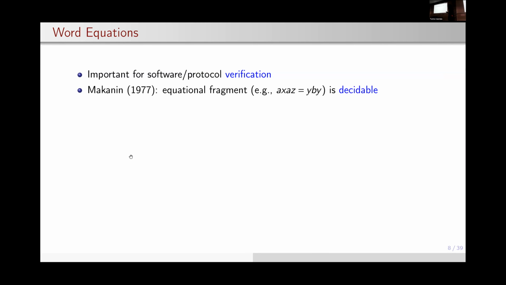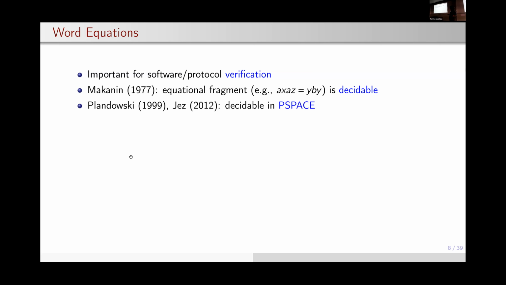All right, so about word equations, also a brief recap. It was first shown in 1977 that the existential equation fragment is actually decidable. Pretty cool, because people didn't believe in it before; they thought it was probably undecidable. Makanin found a ridiculously high and expensive computational approach to solve this.